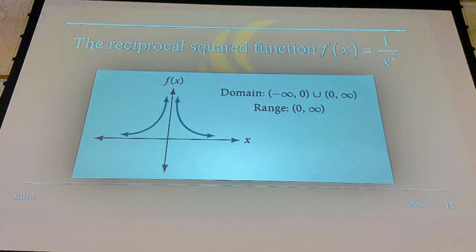Range, all positive real numbers. And for shorthand, I may write positive real numbers that way.